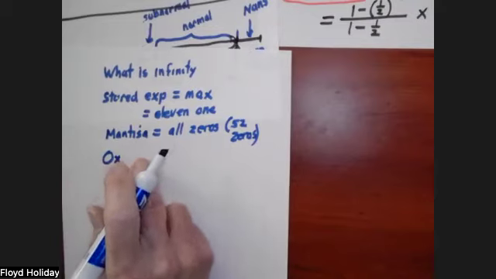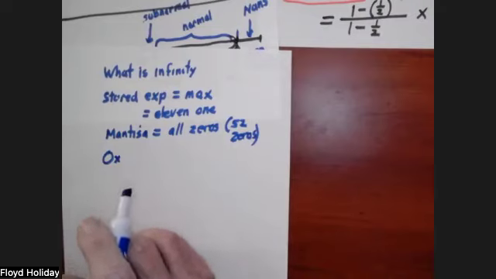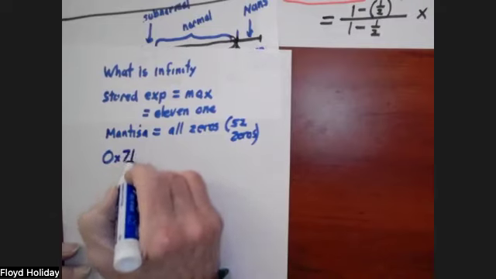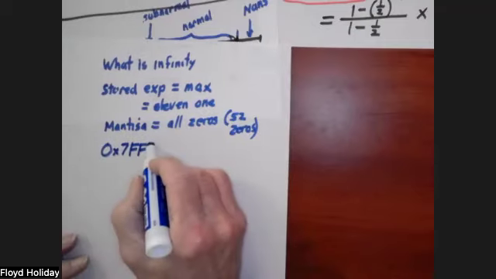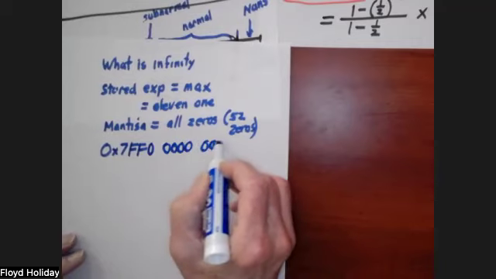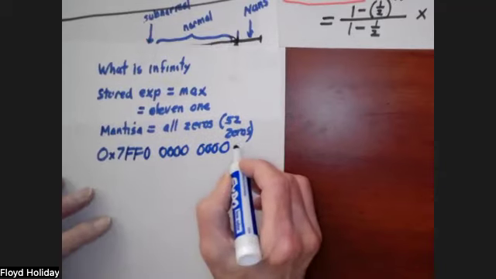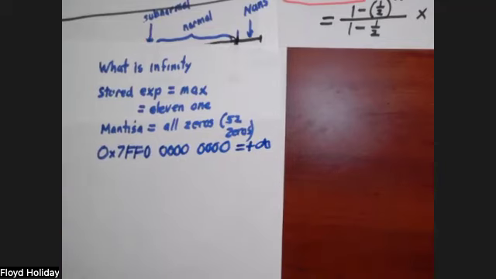That would be 12 ones. Infinity is not negative. We have to have the first bit as 0 and then 1, 1, 1, 1, 11 times. That's 7FF. And then the definition says the mantissa part will be all zeros. That's it. That is in a computer, not in a math class.